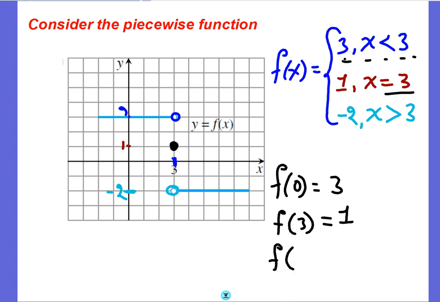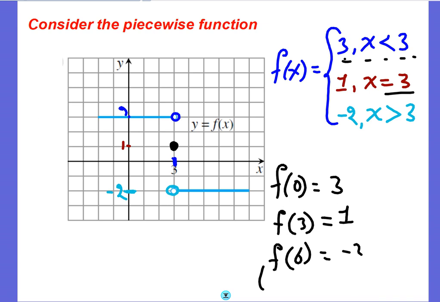And f of anything greater than 3, say f of 6, is negative 2.